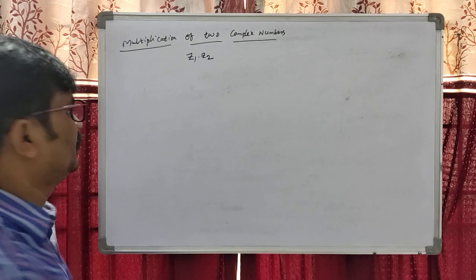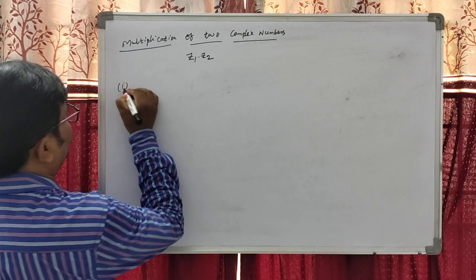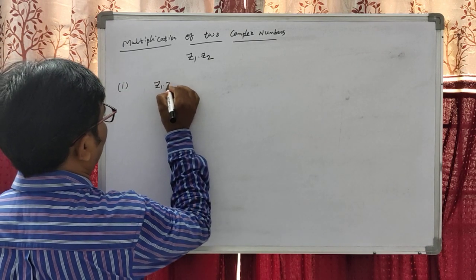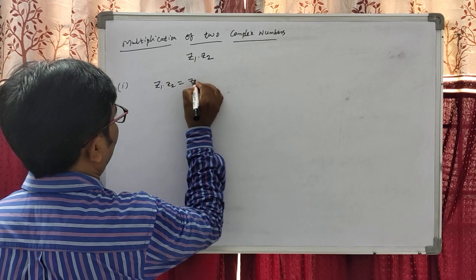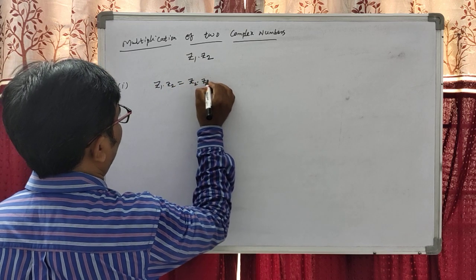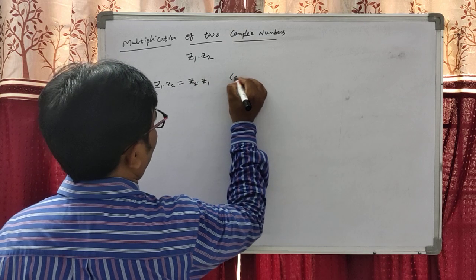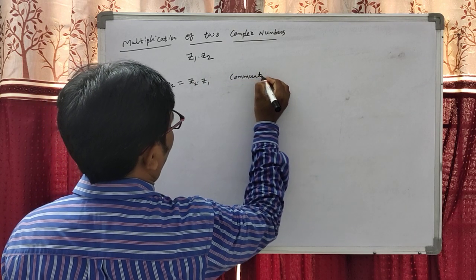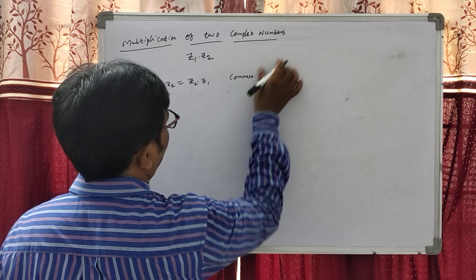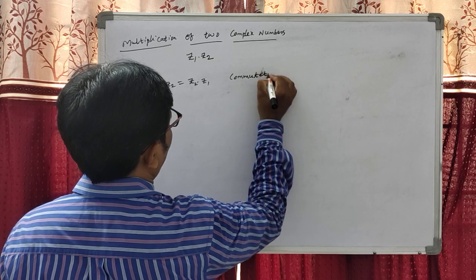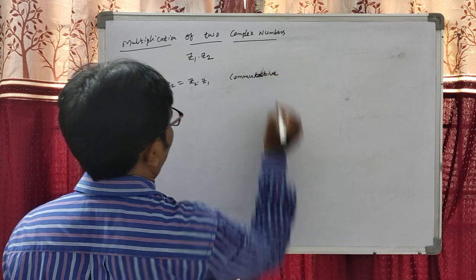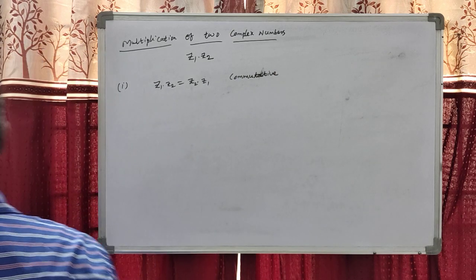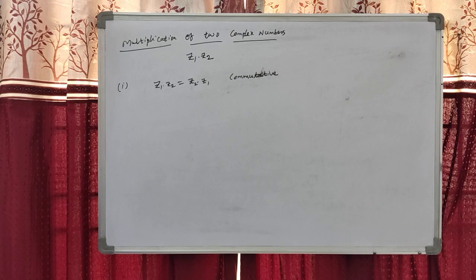The first one is z1 into z2 equals z2 into z1. That means commutative law under multiplication is satisfied.